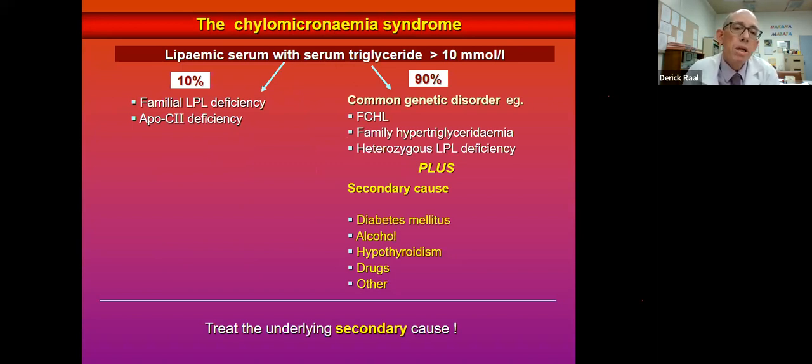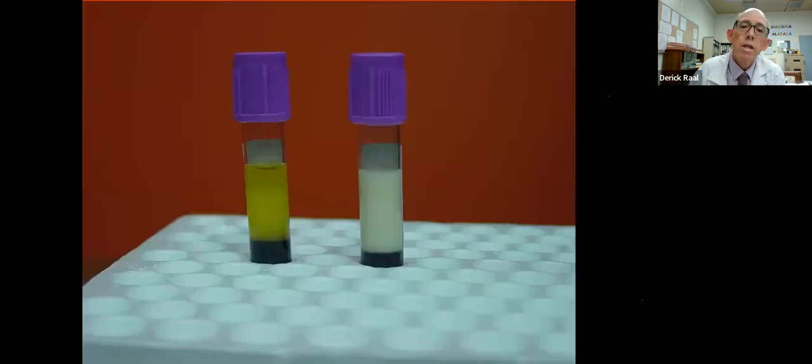Less than 10% of cases are due to genetic causes like lipoprotein lipase deficiency, ApoC2 deficiency. The vast majority of cases of hypertriglyceridemia are probably an underlying common genetic disorder, but there's usually a secondary hit, a secondary cause. So diabetes, alcohol abuse, hypothyroidism. So we must always think about underlying secondary causes when we have patients with lipemic serum or severe hypertriglyceridemia when the triglyceride level is greater than 10.